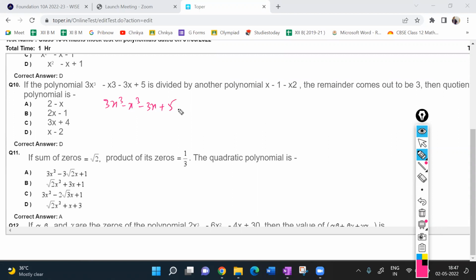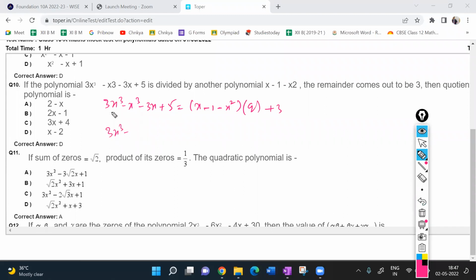P of x is equal to x square, okay, 1 second, x minus 1 minus x square, into quotient. Let me take it as x cube plus 3, so 3x cube minus x cube. I think it should be x square, correct? Maybe they missed something in the question.